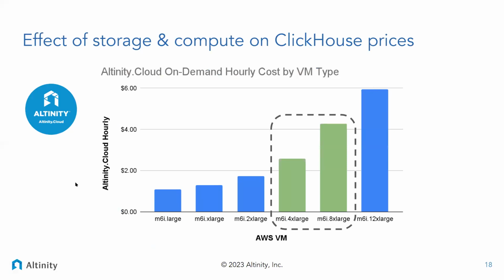In fact, this graph right here shows you the all-in on-demand cost for Altinity.cloud when it's running ClickHouse. You can see that if we use that M6i 12xlarge, it's going to cost $6 an hour to operate, which is more expensive than Redshift. But what's important is that one, ClickHouse is really fast.